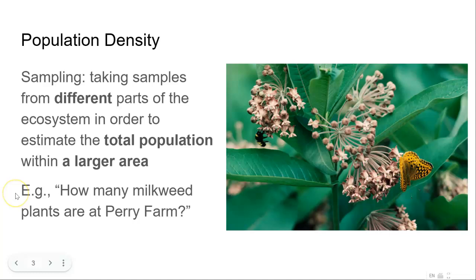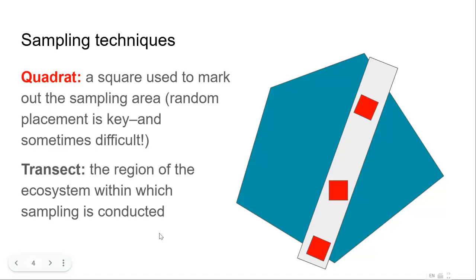Okay, so if we were to ask, well, maybe not dandelions here, but how many milkweed plants are at Perry Farm, we could do the following. One way would be to use a quadrat, and this is a new term here, but a quadrat is a square. You could make one out of PVC or bamboo or whatever.